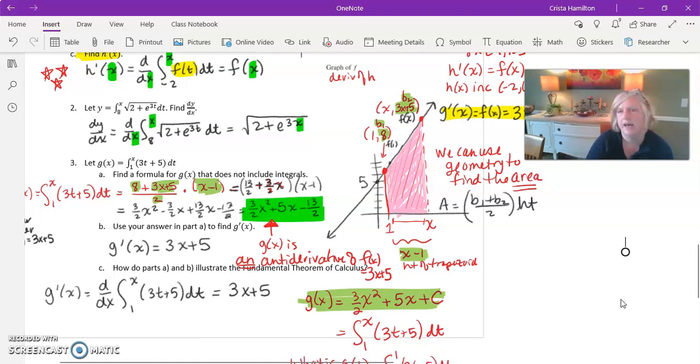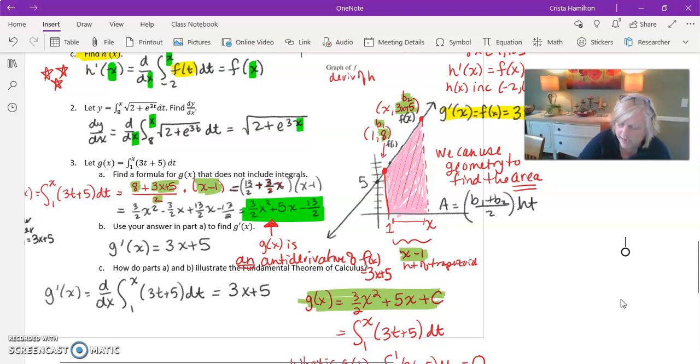Now remember that this accumulation is the accumulation of area. If I start at 1 and I don't go anywhere, how much area have I accumulated? I have accumulated 0 area. So I can use as an initial condition that g of 1 is equal to 0 from my starting point.